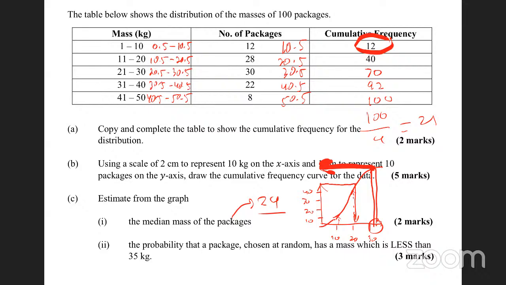How much did you all get? 82? All right. So the answer will be 82 over 100. That's all. But you have to go the other way around, right? Start from the x and read off the y.